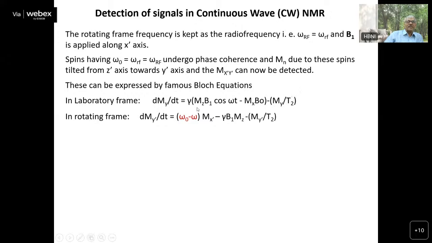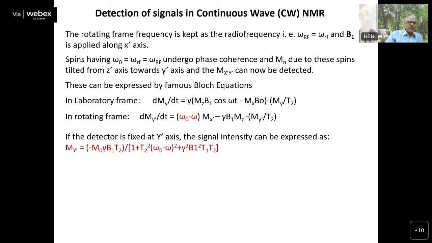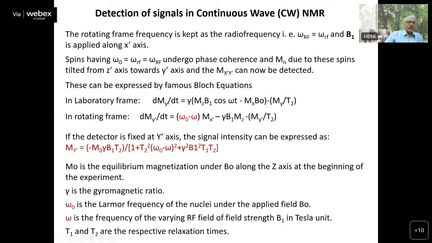All these derivations are available in many NMR books, so I will not go through the mathematics. So this is the equation. Similarly, there is an equation in the rotating frame, but it is slightly different. There it involves omega and omega 0, where omega 0 is the normal frequency of the nuclei under applied field B0, and omega is the frequency of the varying radio frequency field.